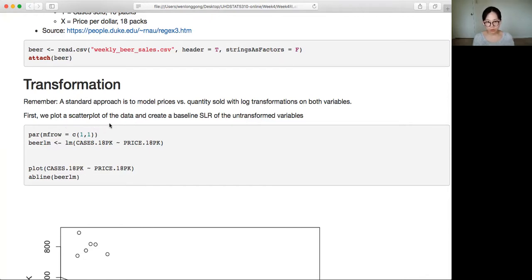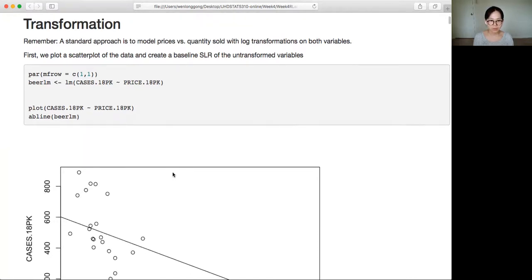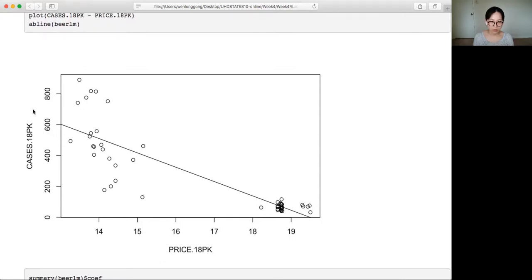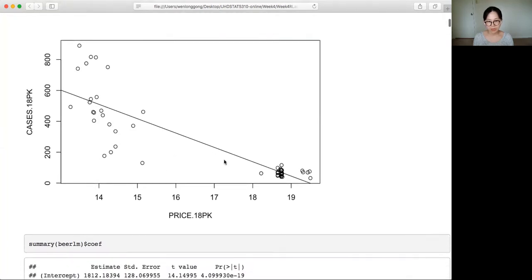We always plot a scatter plot first before we create a linear model, like here. So this is how our original Y and X look. Well, this linear regression does not look so good, just by looking at this data and how this line fits the data.